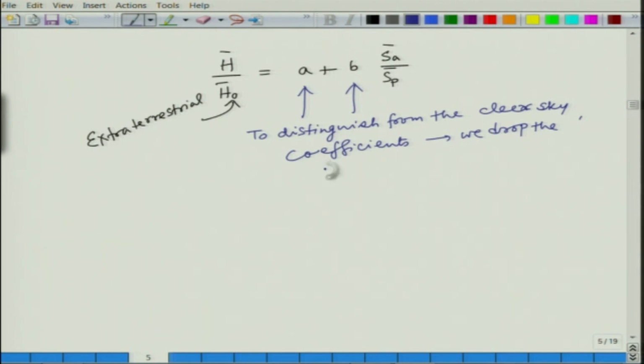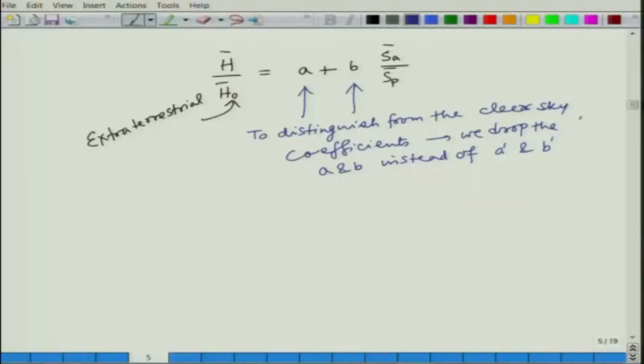Okay. So, A and B instead of A prime and B prime. Okay. You get it? So, now the equation form does not change, everything stays the same. We only have taken out one of the key variables that can change the whole scenario. So, we have taken extraterrestrial value instead of clear sky value. Okay. And that way the A prime, B prime, they have changed to A and B.